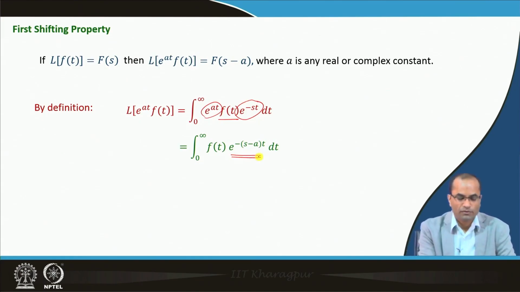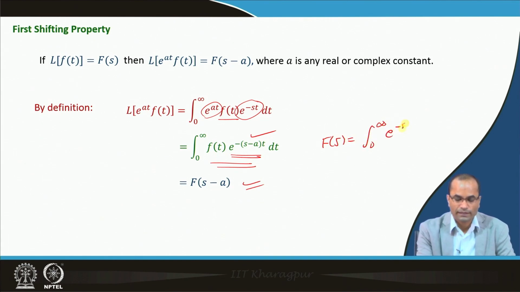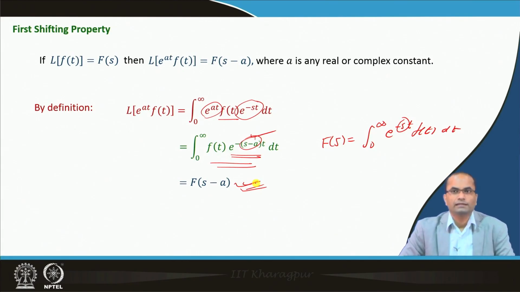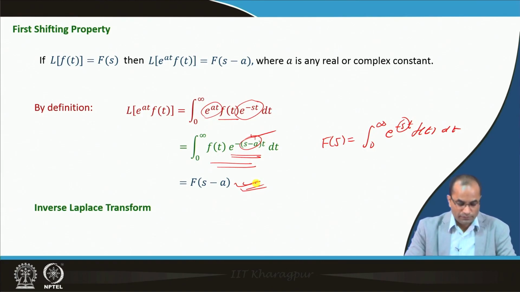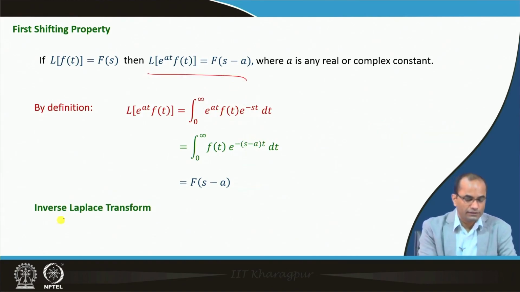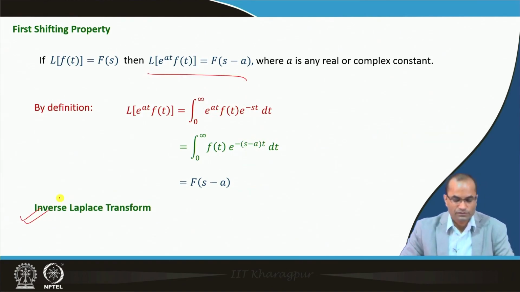That means we have e power minus s minus a t d t, and that is exactly F s minus a, because F s is nothing but the integral from 0 to infinity of e power minus s t f t d t. Instead of s, here we have s minus a, therefore we have written this as F s minus a.